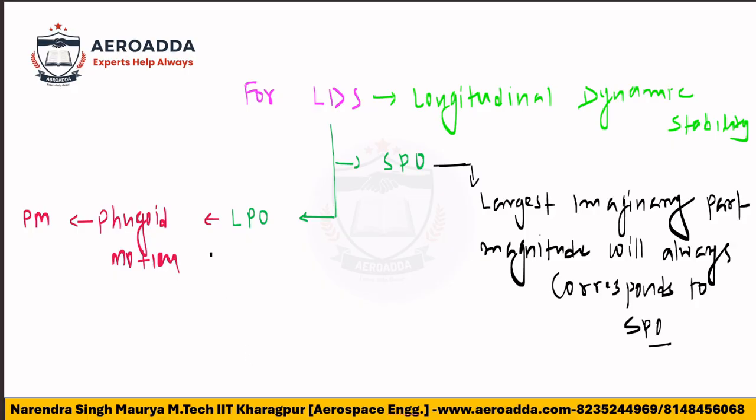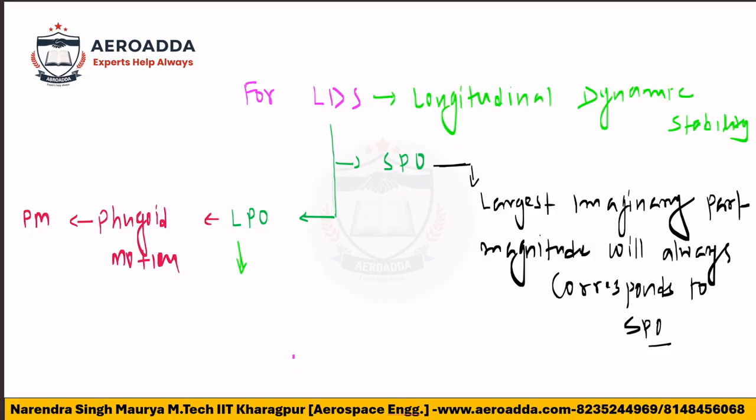Now coming to the LPO. As you know very well, for the LPO, the long period oscillation, it is the second largest eigenvalue pair, or the smallest imaginary part magnitude, always. The largest imaginary value will give the short period oscillation, and the smallest imaginary part magnitude will always correspond to the long period.